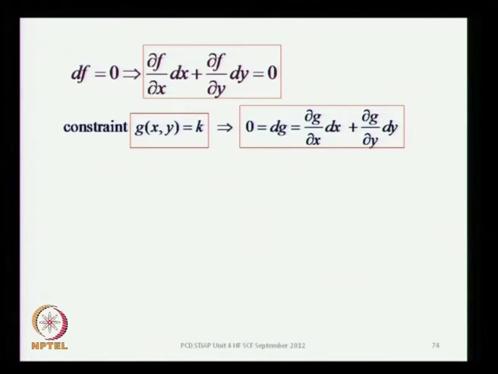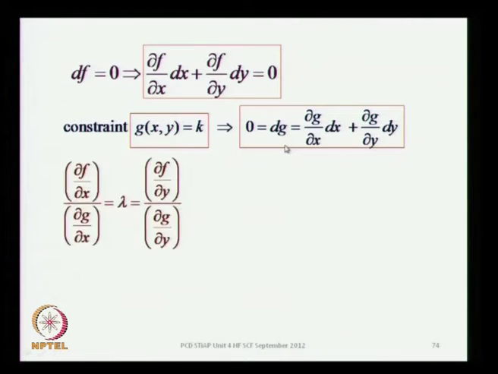So, the increment in g would vanish, and the increment in g, which is del g by del x dx plus del g by del y dy, is also equal to 0, and you have these 2 relations holding good, which means that the ratios of the corresponding increments must be equal, and they are equal to each other and equal to something which does not depend on x or y, it is a constant.